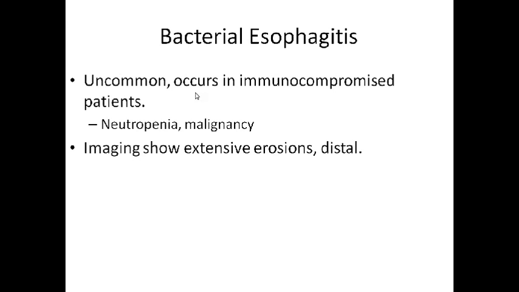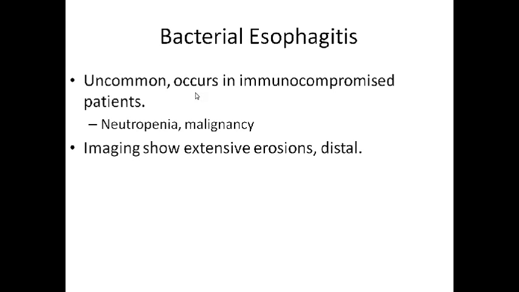Bacterial esophagitis, again, very uncommon. We usually see more people that are immunocompromised with more candidal esophagitis, or sometimes, I was going to say eosinophilic esophagitis, but that's not infectious esophagitis. Usually, again, we're going to see neutropenia.